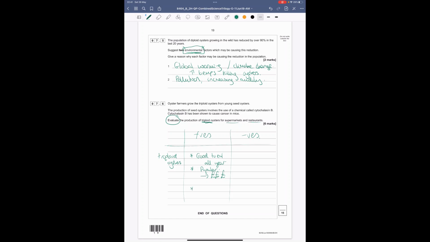They also, as you've been told, grow faster because they're not reproducing. Therefore, there's going to be more supply. And as we know, the stocks can be replenished, so that is more sustainable. So there's going to be a good amount of money, and more oysters to feed a growing population.